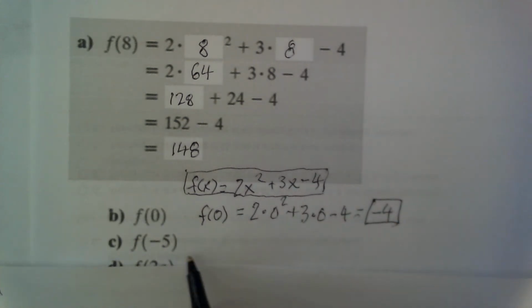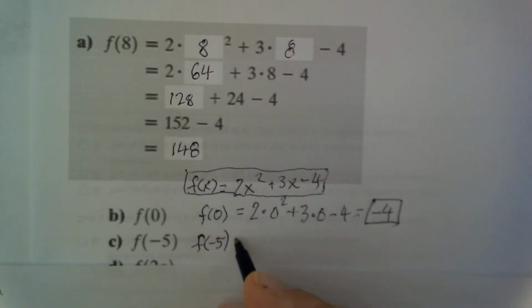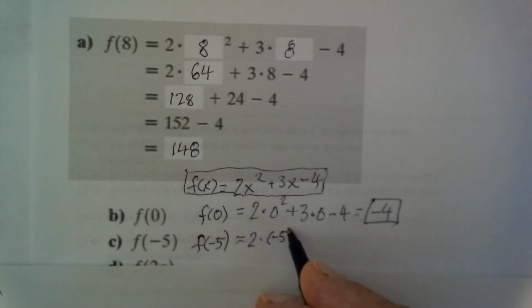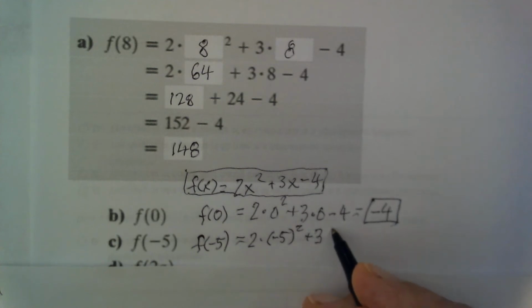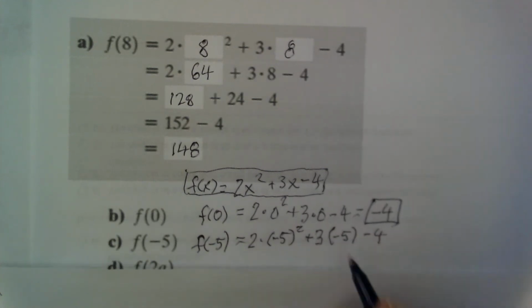So that means f of minus 5 means 2 times minus 5 squared plus 3 times negative 5 minus 4.